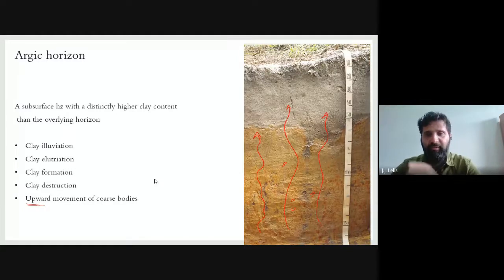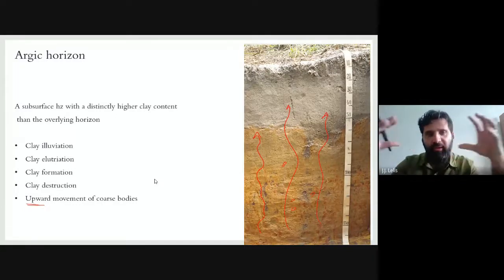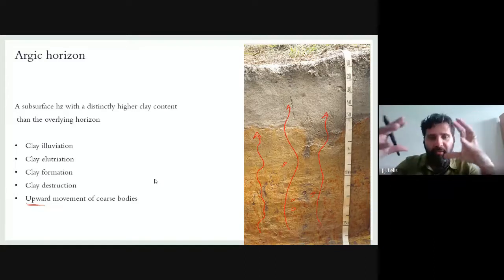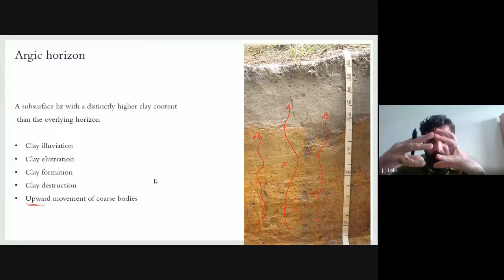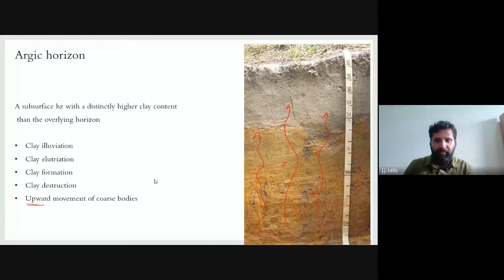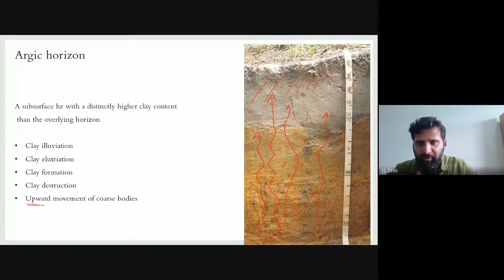So these clays that could suffer shrinking and swelling, that could change their volume, they could compress coarse materials, and these coarse materials are upwelling, so they start to migrate from the subsurface to the surface and concentrate here and produce a horizon in the surface that presents a high content of gravels and sand. Okay?